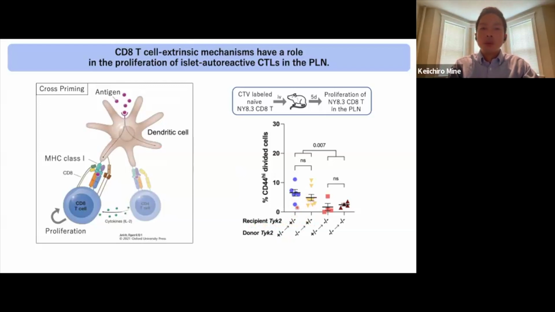However, their proliferation was suppressed in the pancreatic lymph node of age-matched TYK2 knockout recipient mice. These results suggest that CD8 T cell extrinsic mechanisms have a role in the proliferation of islet autoreactive cytotoxic T cells in the pancreatic lymph node.